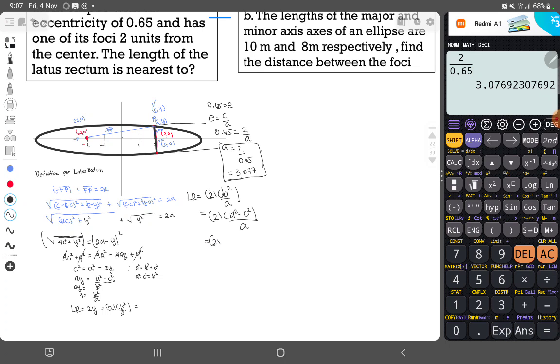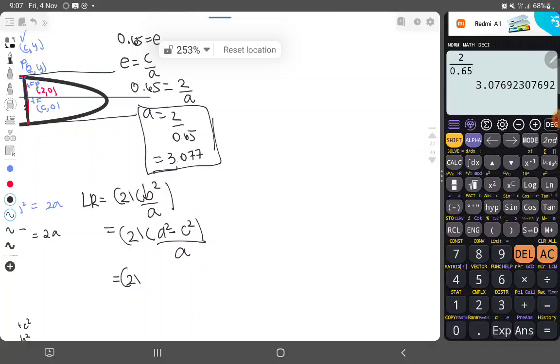So we have 2 multiplied by our A, which is equal to 3.077 square minus my C, which is equal to 2 square, all over 3.077.